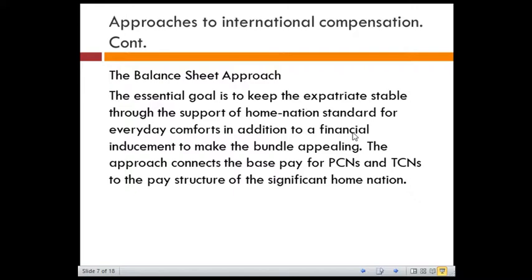As you could see here, you have home nation standards for everyday comfort, financial inducement, and all these things they put together in the form of a package or a bundle that would be appealing to capture the workers or induce them to stay. The approach connects the base pay for the PCNs and the TCNs to the pay structure of the home nation.